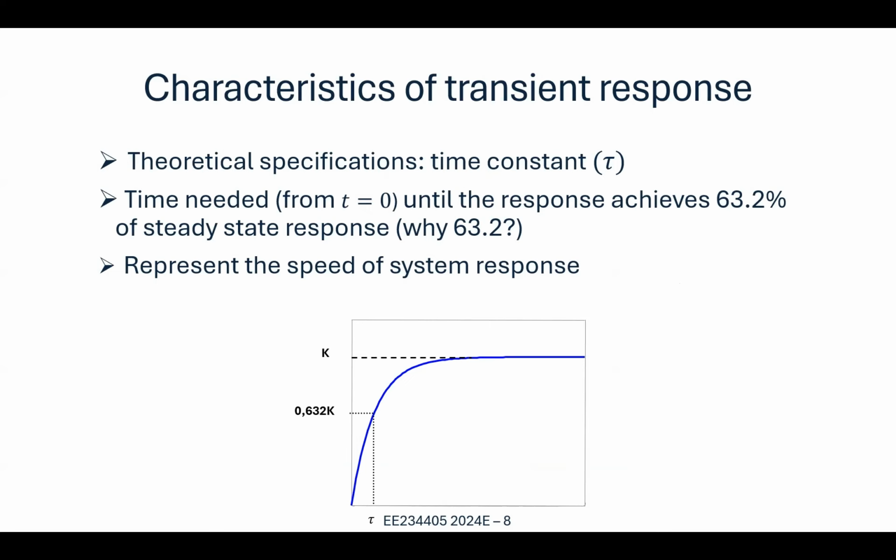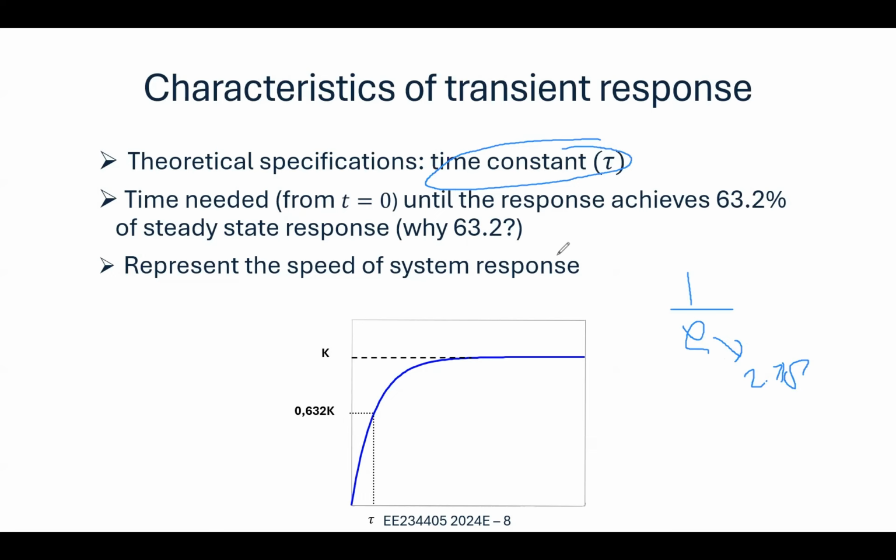Because it's 1 minus 36.7. 36.7 is 1 per e, right? e is 2.718, and we determine the time constant here as the time needed to achieve such value, 63.2.